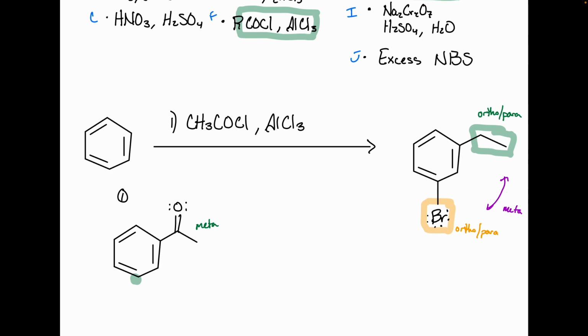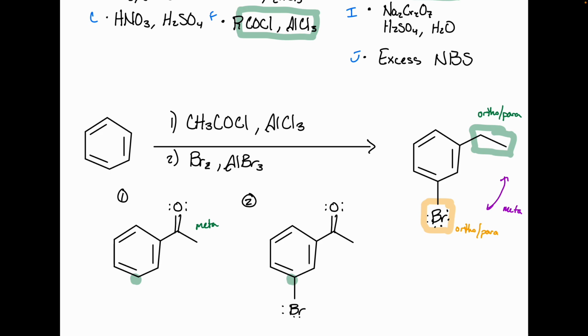So I don't want to reduce it yet. I need to next do my bromination reaction, directing that bromine to that proper position. And then I can perform that reduction, leading to my final product.